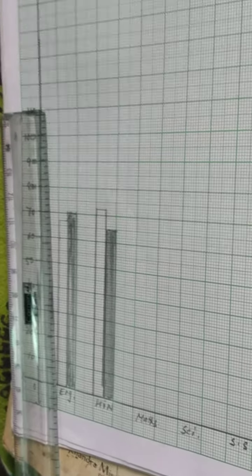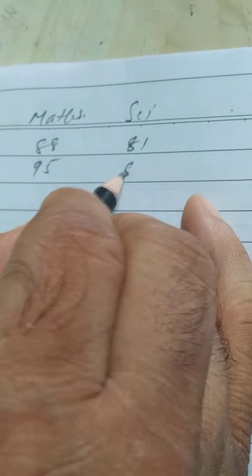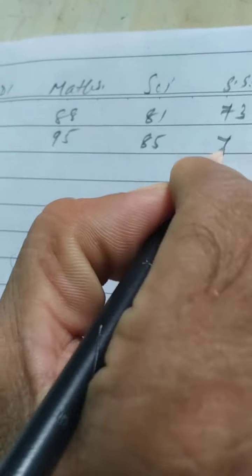maths. In maths, 88, 95, science 81, 85, SS 73, 75. Now let's go for maths, 88.